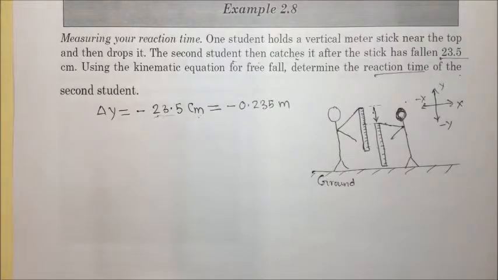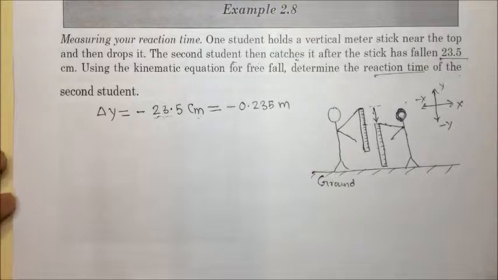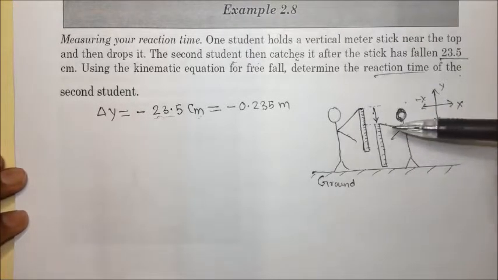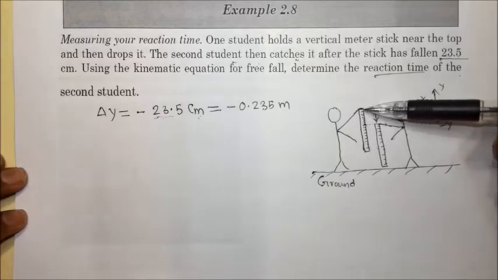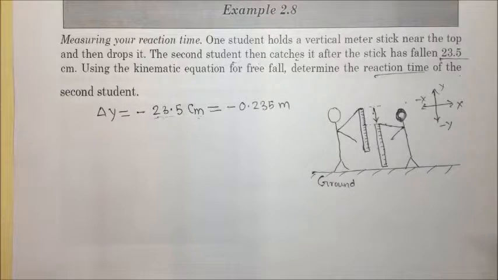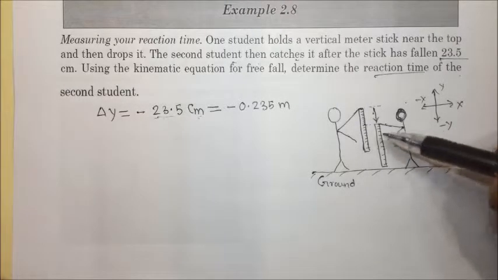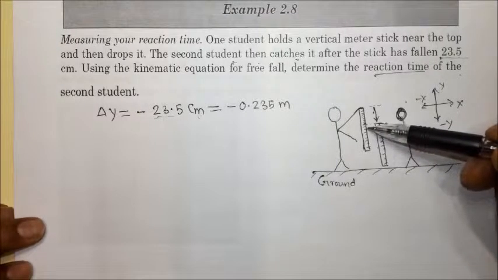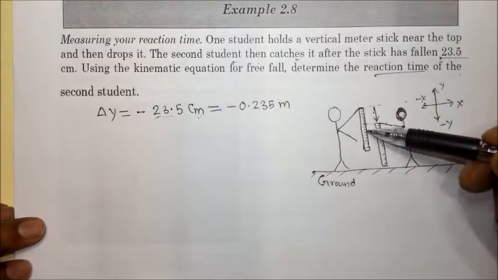Okay, if the reaction time is quick and fast, the meter stick will fall less. If the reaction time is slow, it takes a long time to catch it, then the stick will fall more.